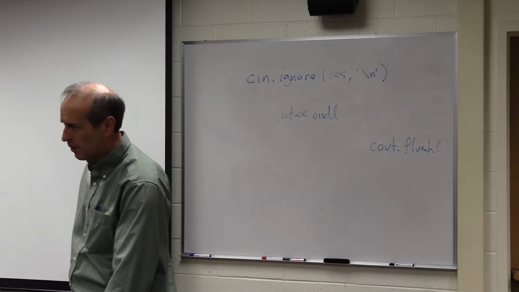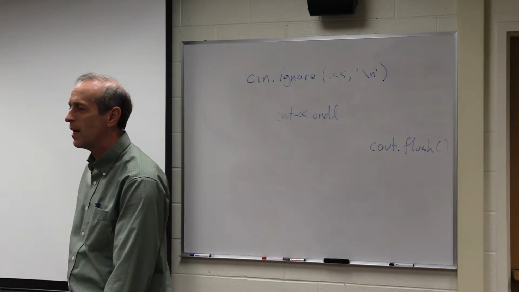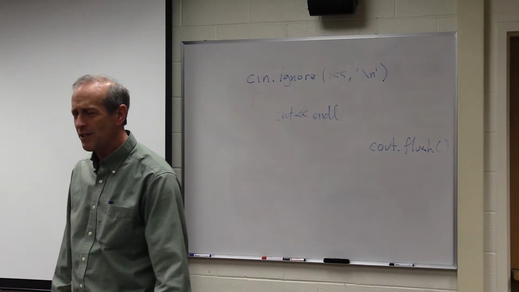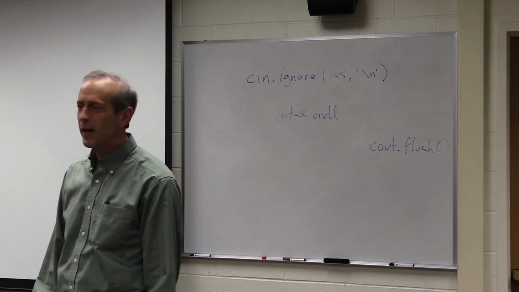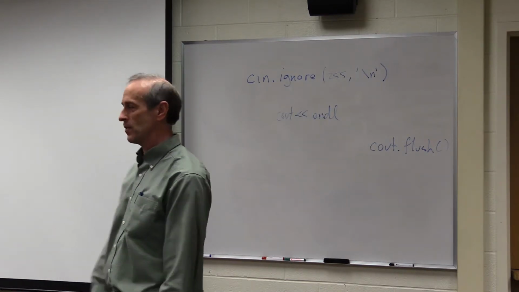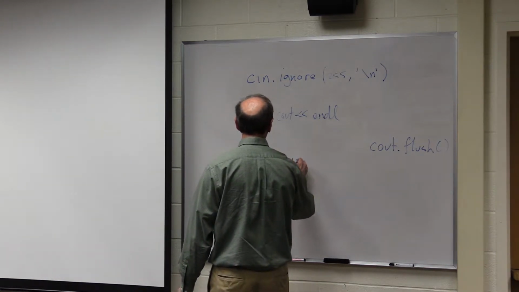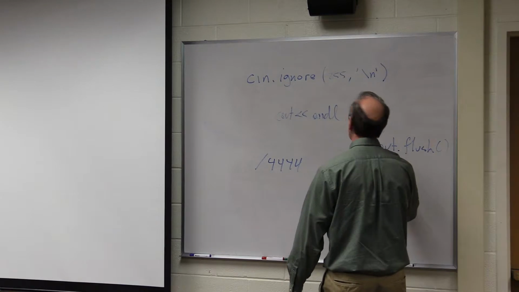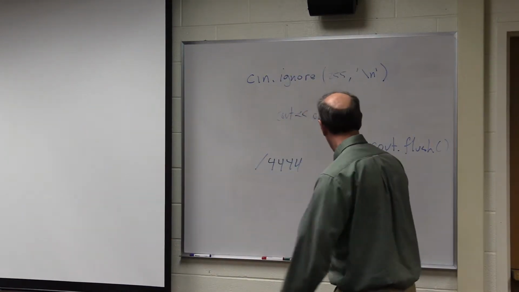Part A, you would print 4,444 in a field of 13, surrounded by slashes. I don't know where you got the filling in with slashes. I wanted it surrounded by slashes. So what I wanted to see was 4, 4, 4, 4, then blanks, then a slash. That's what I wanted to see.